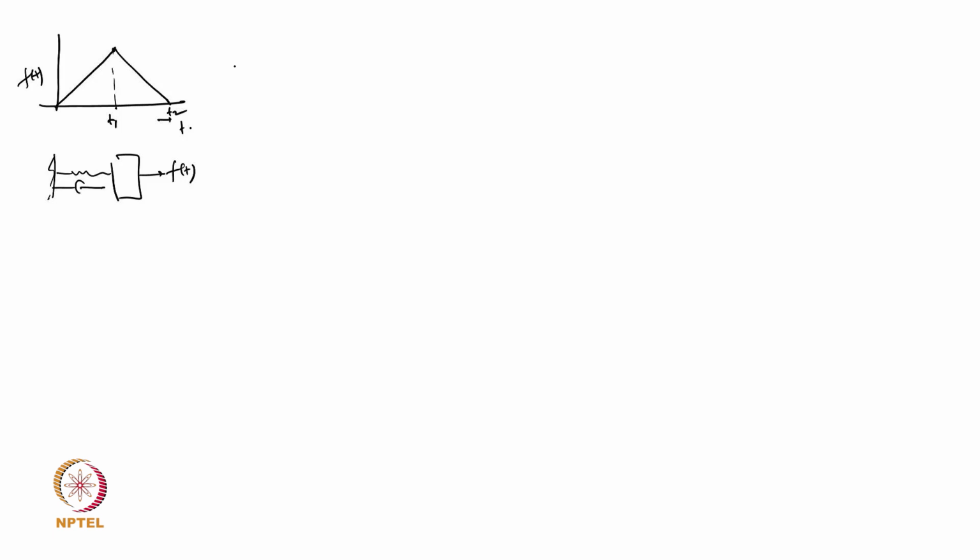First of all, we write the equation of motion as usual, mx double dot plus cx dot plus kx is equal to alpha t. It is increasing with the slope of alpha, and then decreasing with the slope of beta. That is for 0 less than t less than t1.